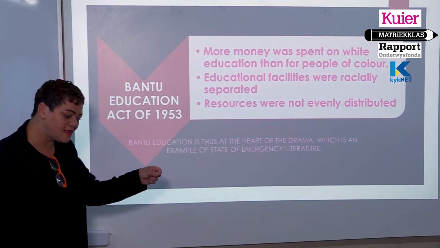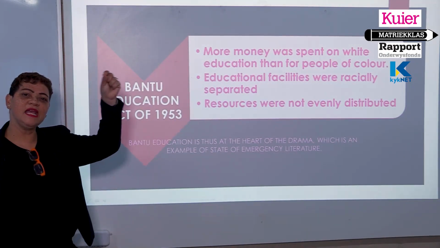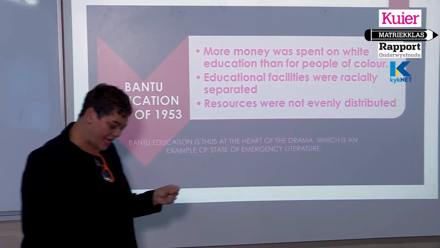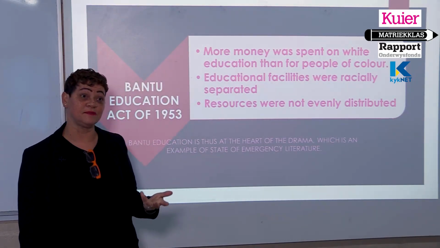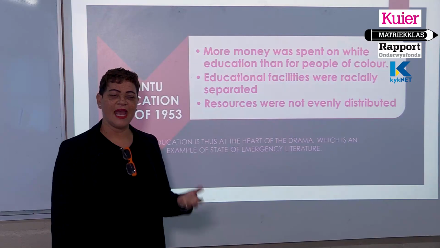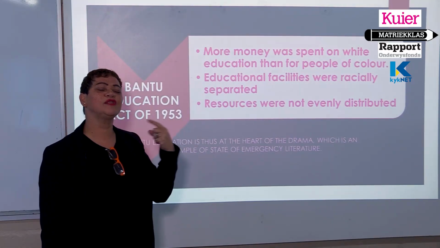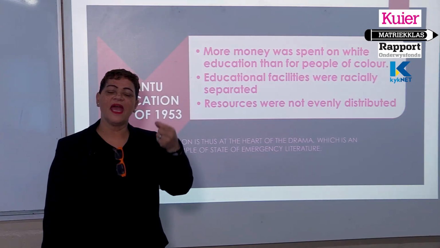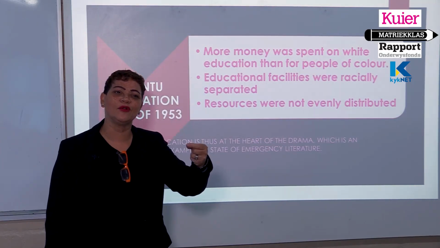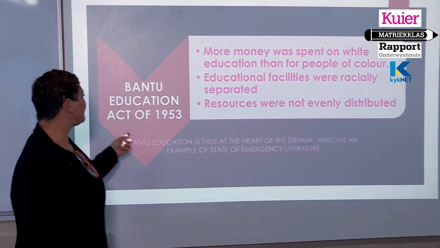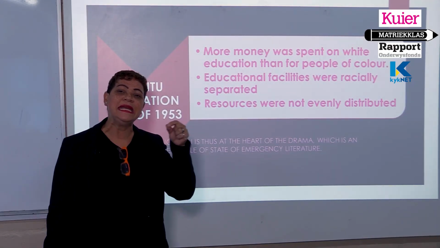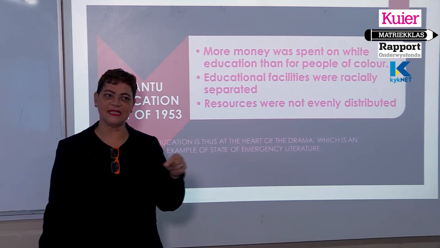It limited where he would be able to be one day. So as a child, he had dreams. All children have dreams. And when he got older, he realized that purely because of his color and purely because of a political viewpoint and because of an act that had been passed, he would never realize his dreams.